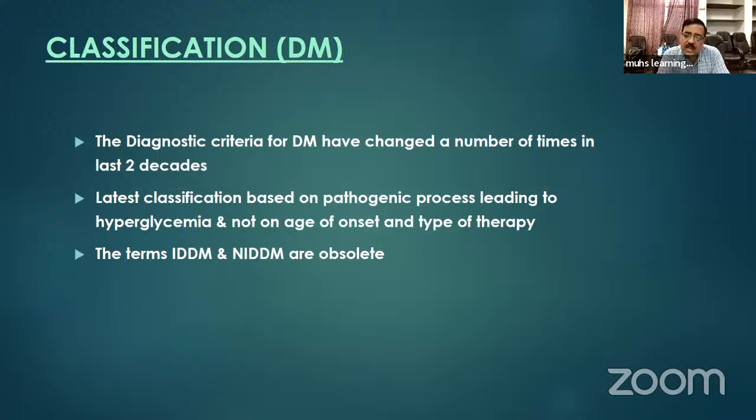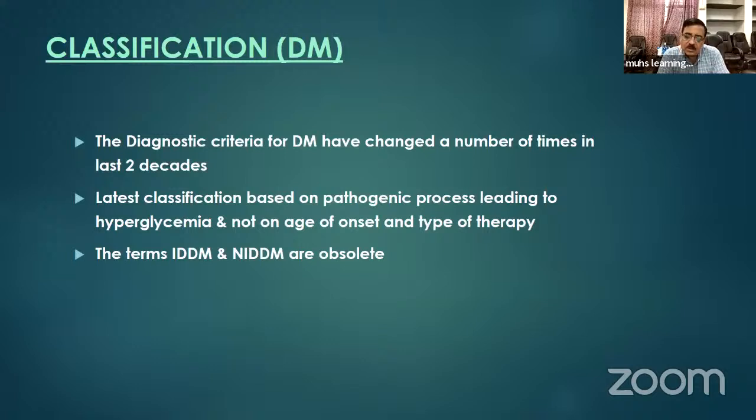But gradually, as the data started coming in, people understood the lowering of the targets. And with the lowering of the target, more and more people are diagnosed diabetic, and they are treated accordingly. And that is why it is important to identify these people and treat them.